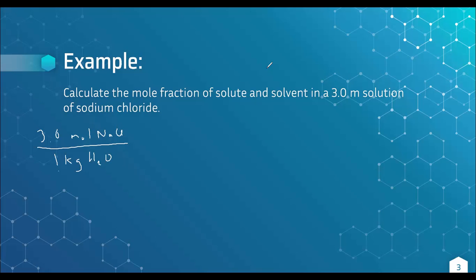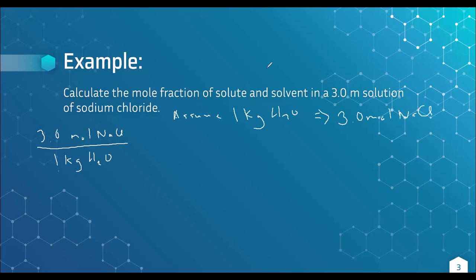Okay, so the first thing, like we talked about in the previous video, we always want to make an assumption. My assumption here is 1 kilogram of water. So that means that we have 3.0 moles of sodium chloride.